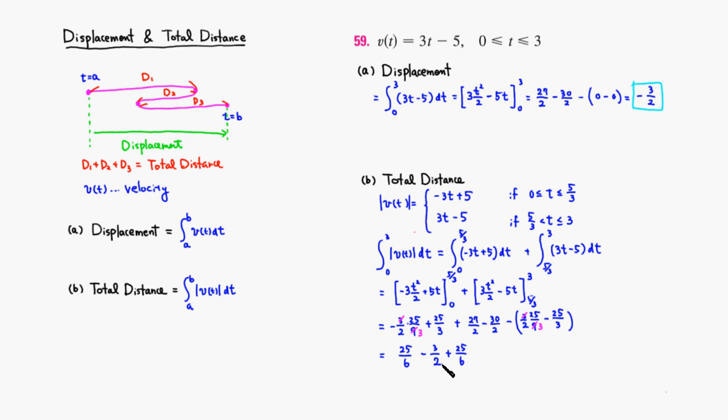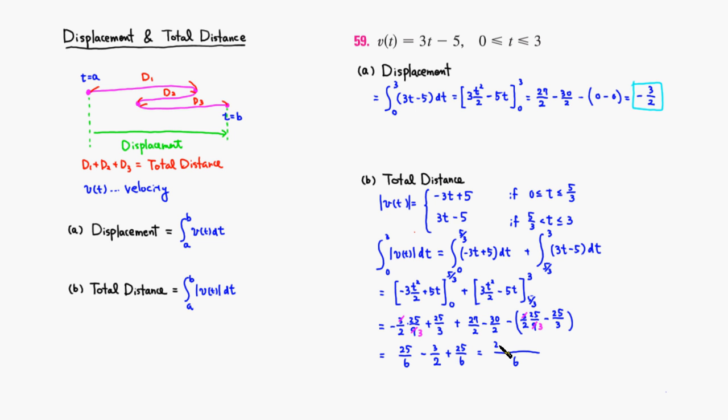So let's put the 25 over 6 and 25 over 6. Actually, maybe I should have kept it over 6. Maybe I'll just use the common denominator, which would be 6.